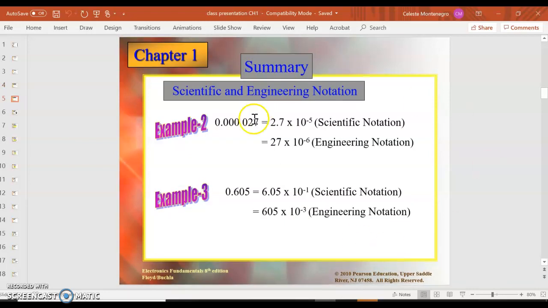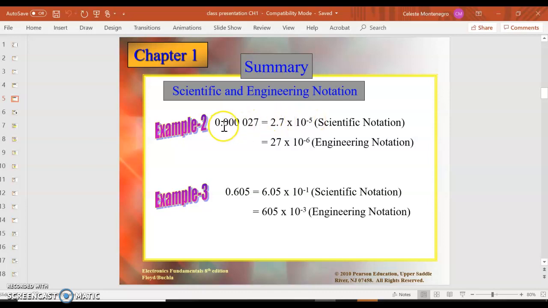Another example, when we have a very, very small number, we make it into a very readable, easy to say number. Rather than say 0.000027, we say 2.7 to the power of negative 5.